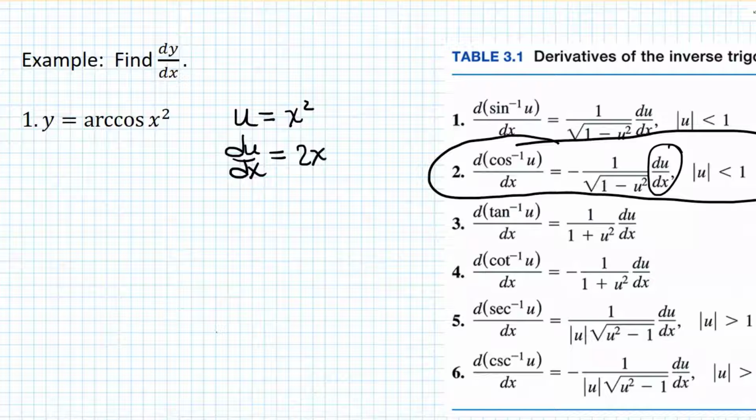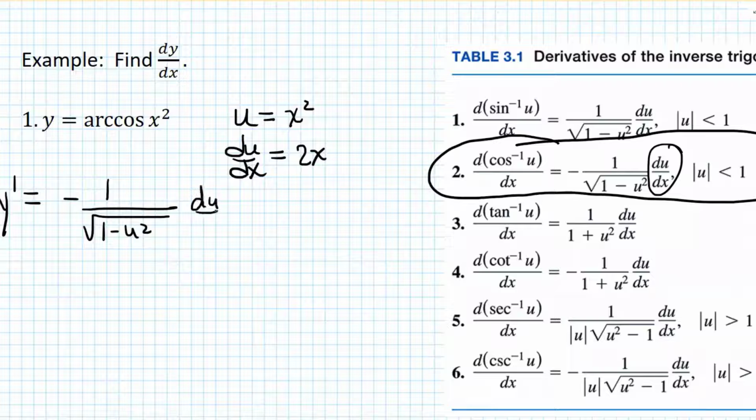2x. Very good. Okay, so for our formula, then y prime is going to be -1 over the square root of 1 minus u squared, times du dx, as long as the absolute value of u is less than 1. So plug in u and plug in du dx.